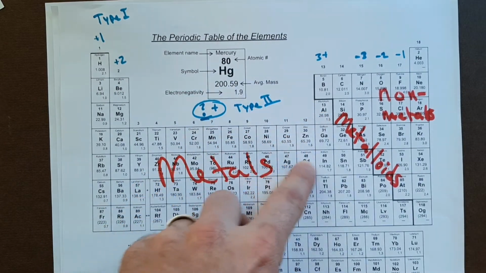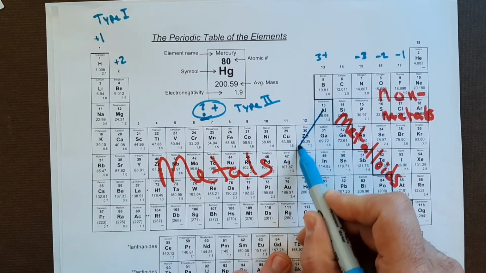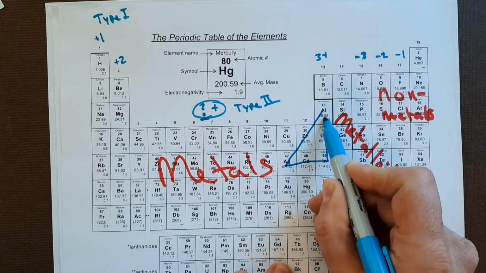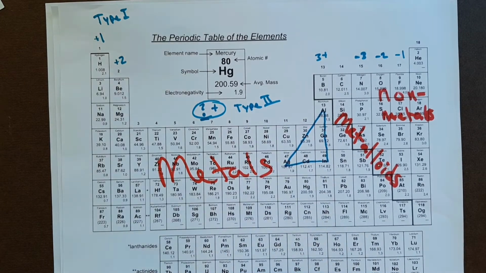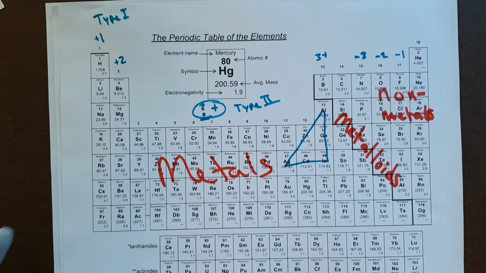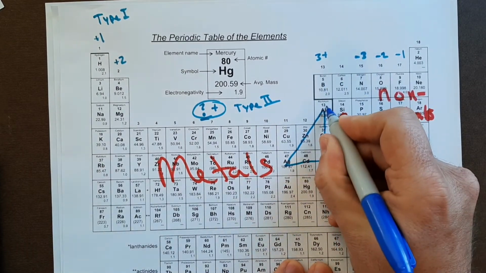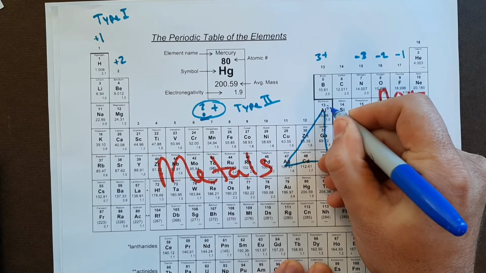But there's one extra little group that we call type 1 over here, and you can draw a little triangle here. These ones aren't variable like the other ones in this section. These ones, it's pretty straightforward. The things in this column follow exactly what you would expect for their column. So these are 3 positives.